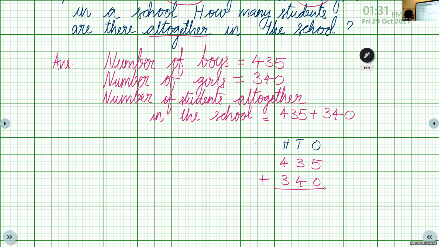What is 5 plus 0? 5. Now at the tens place we have 3 plus 4. The answer is 7. Hundreds place also we can see 4 plus 3. 7. So what's the total number of students in the school? 775. Very good.